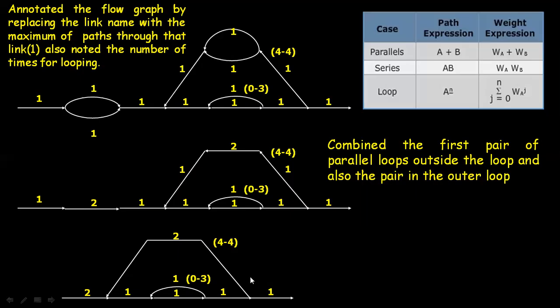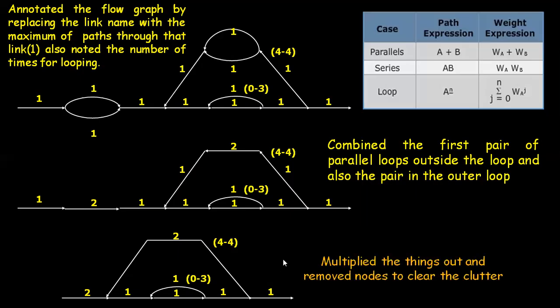Now if you come here, we have to multiply the things out and remove the nodes to clear the cluster if they are sequential, in series. If they are in series, then we have to multiply. So here 1 into 2 into 1, which is 2. So multiply the things out and remove the nodes to clear the cluster.